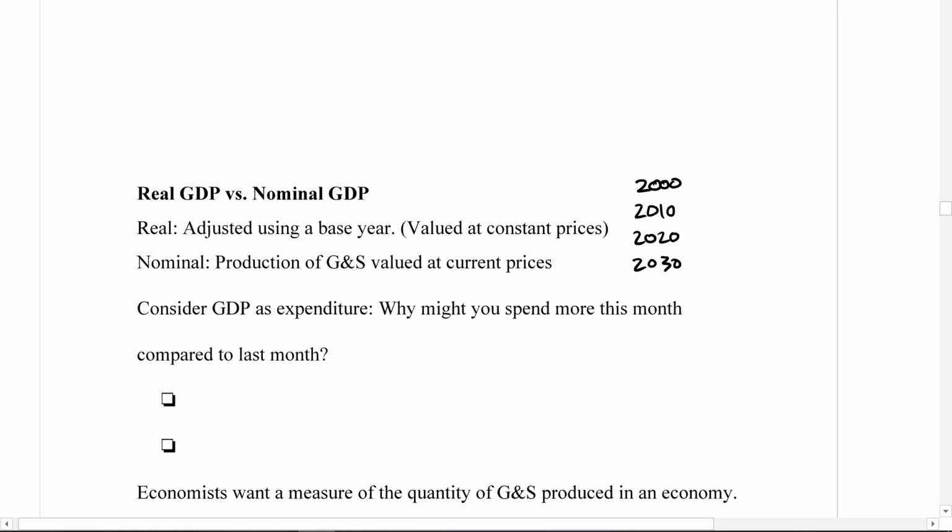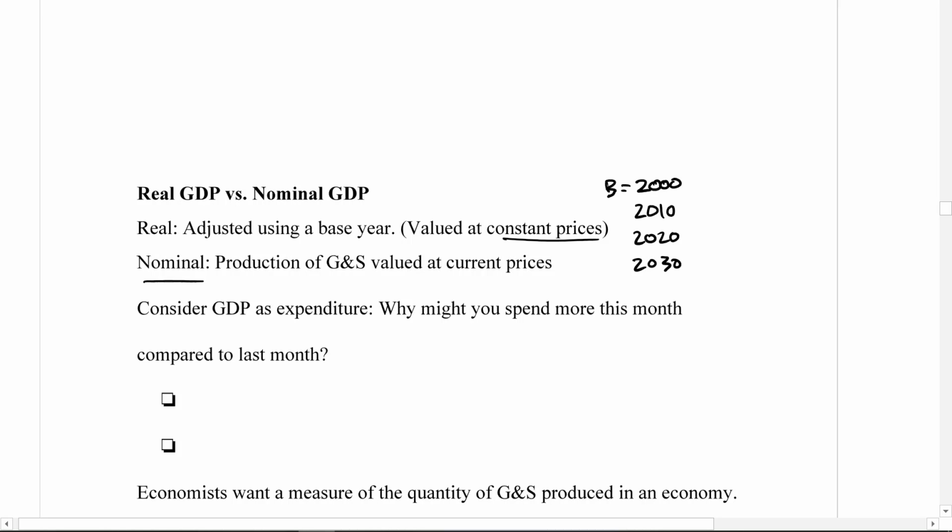But because we have inflation every year, $1 today is not going to be the same as $1 next year. And what we do is we pick a base year, say the base year of 2000, and we value everything at constant prices. So we could, for example, look at 2010 GDP measured in 2000, in the year $2000. Same with 2020, same with 2030, so on and so forth.